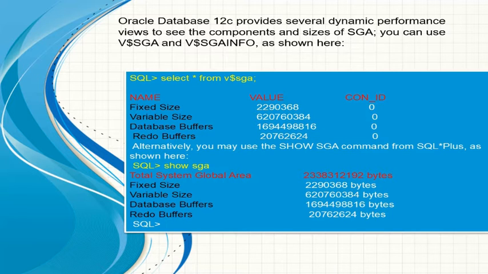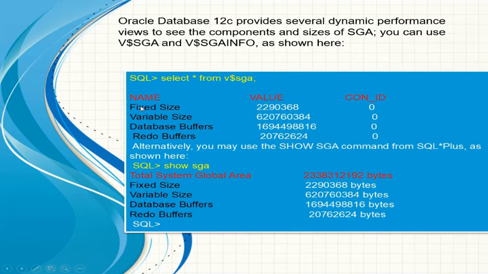In the SQL statement, we write SELECT * FROM V$SGA. And so we have this in the response: the name of the component, the value of the component, and the connection ID.